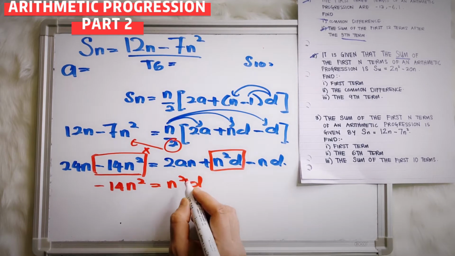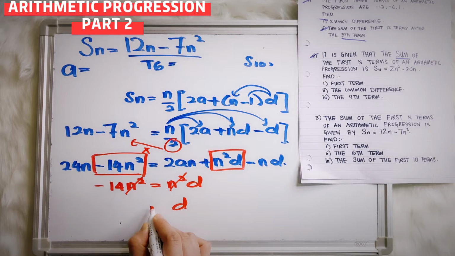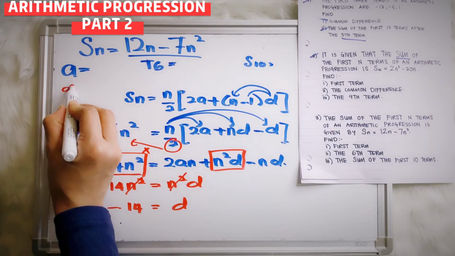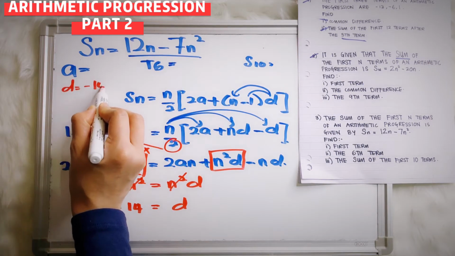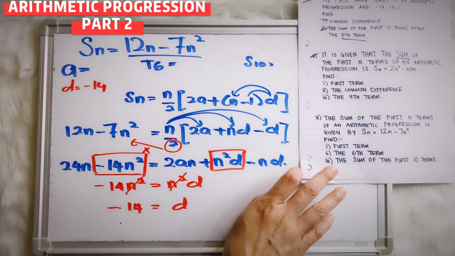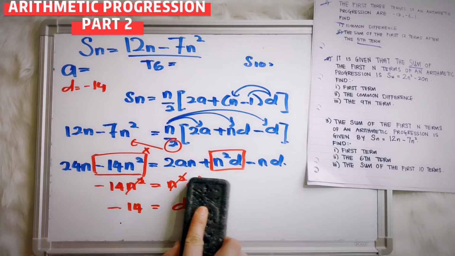So now you can cross out n square, so your d now is negative 14. Our d now is negative 14. Now we want to find what is our a.